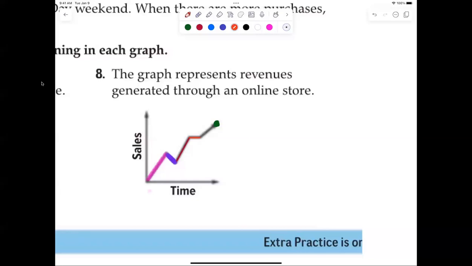When something remains the same, we say it remains constant. We say it remains constant. So let me just give you an example. Let's say over here, this was, let's say, 10,000. Let's say you sold 10,000 units. All right. So every single day you're doing what? Selling 10,000. Do you agree?